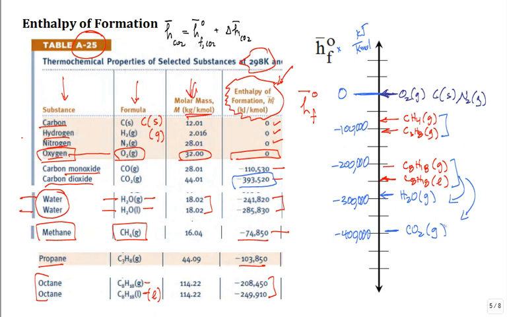Because what was our reaction equation for CH4? CH4 went to 1 CO2 and 2 H2Os. How about C3H8? It goes to 3 CO2s and 4 H2Os. So you're getting multiple CO2s and multiple H2Os for each of the fuels.